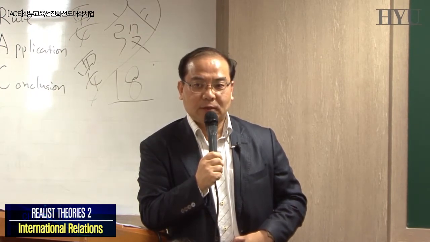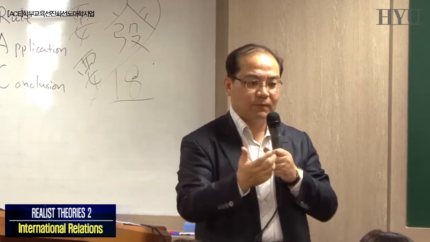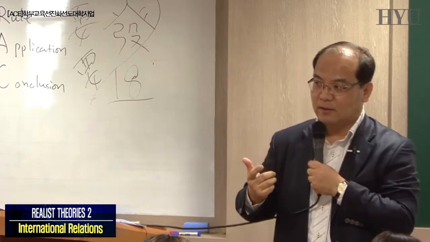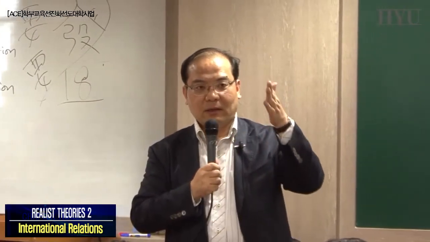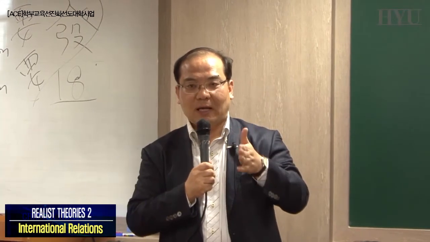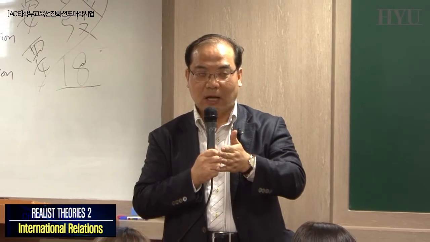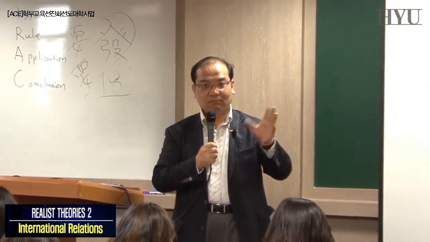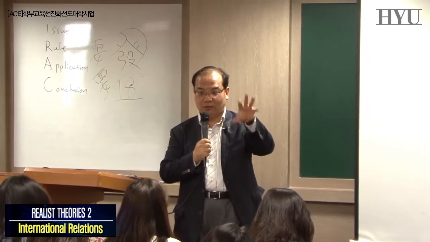Why 1500? What's the difference between 1499 and 1500? Maybe the previous pre-modern international relations system, I don't know exactly when it began, but let's call 1499 the pre-modern international system.